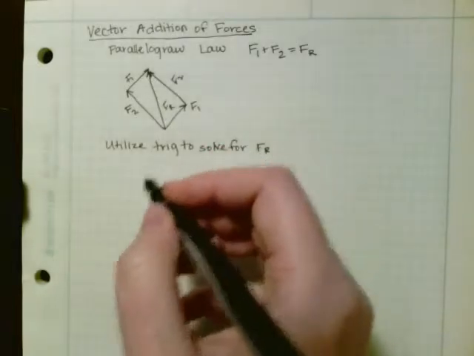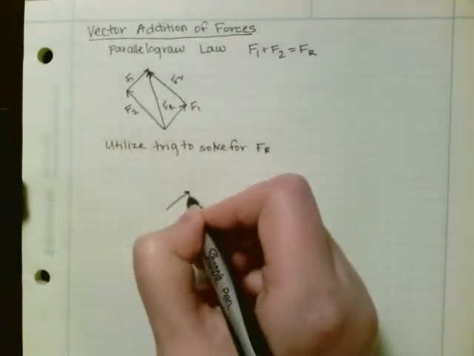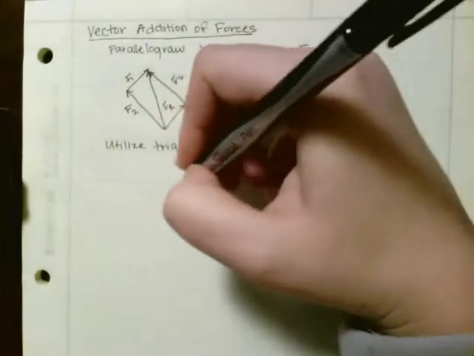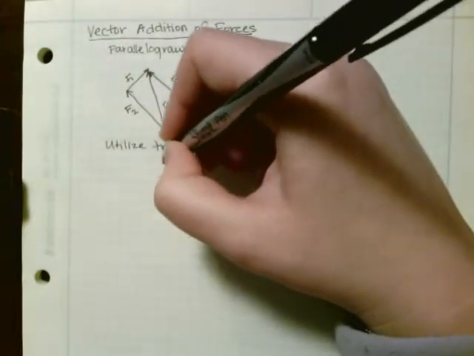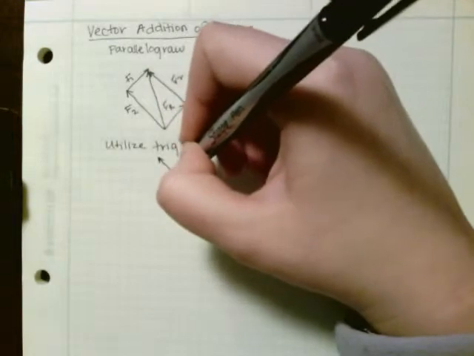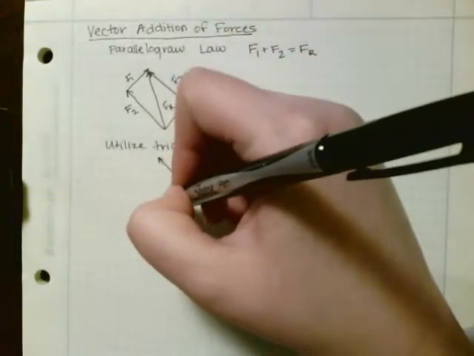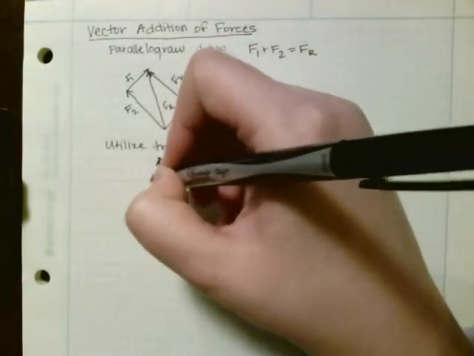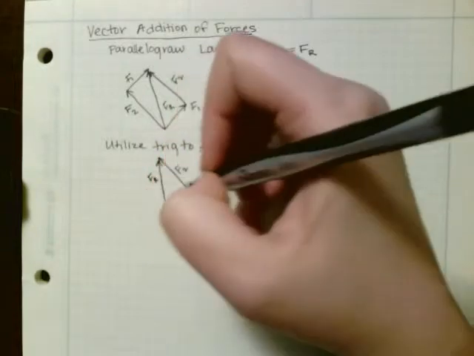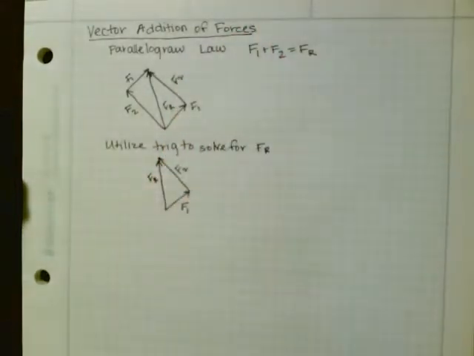So we have this triangle, F1, F2, and the resultant force. And now this is not a right triangle in most cases.